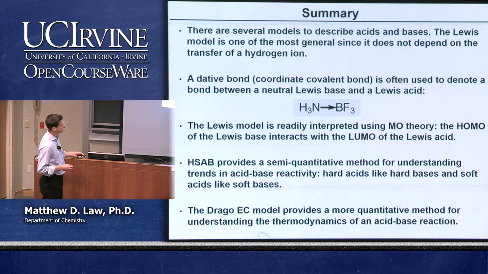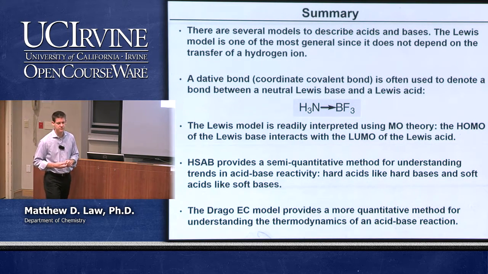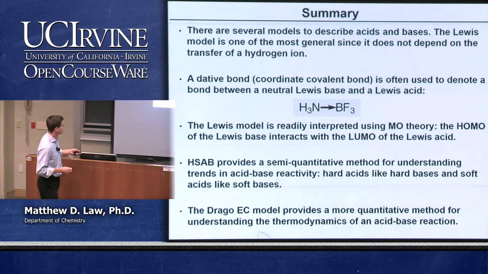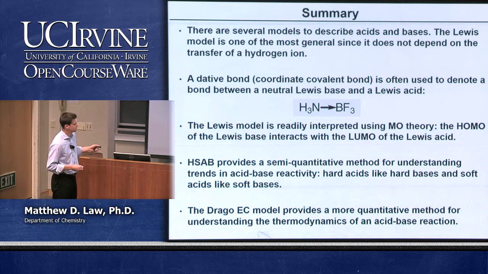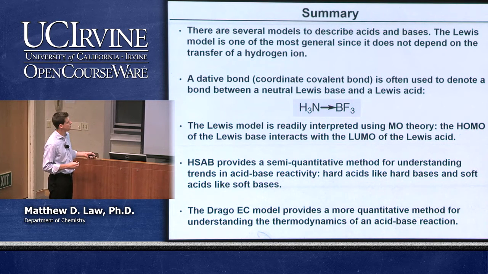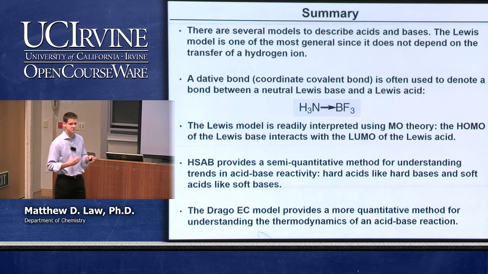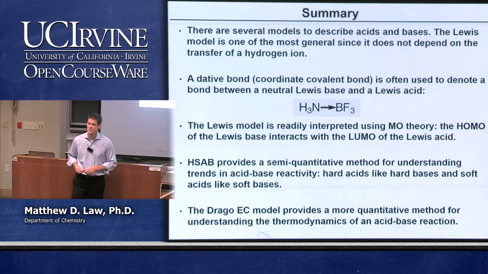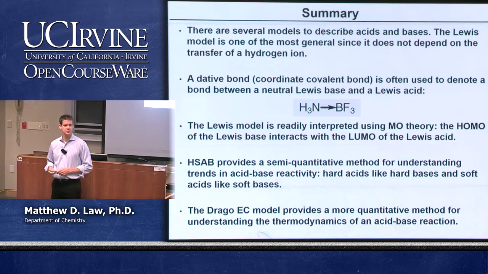We have hard liking hard and soft liking soft, for some of the qualitative reasons that we discussed. And then finally, the Drago electrostatic covalent model provides a more quantitative method for understanding these same sorts of trends in reactivity. Are there any questions about this section?